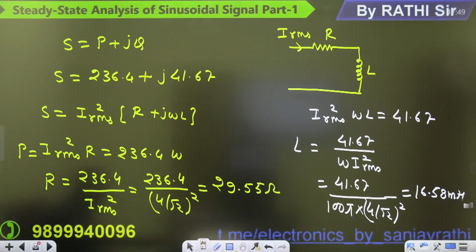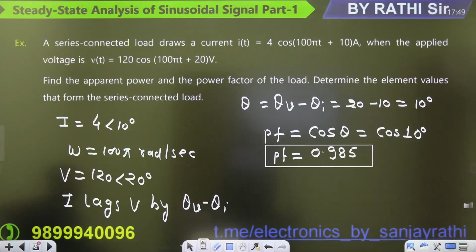So watch carefully what I have done. Nothing more: the diagram is given, and the current and voltage are given. So you can write the current as 4 angle 10 and the voltage as 120 angle 20 degree. Then I lags V by theta V minus theta I, where theta V is 20 degree and theta I is 10 degree.